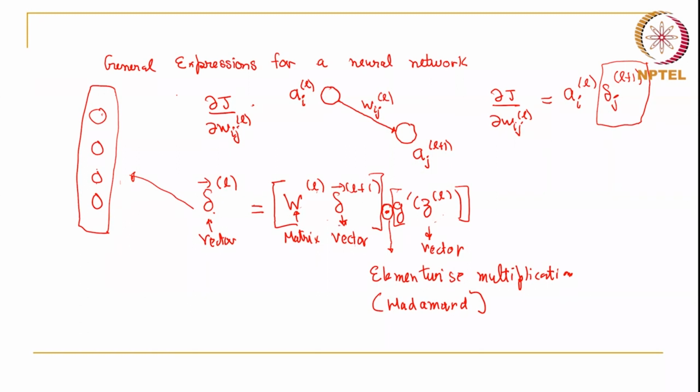The only way you can multiply two vectors and get another vector is if I multiply element by element. For example, C1, C2, C3 where C1 is A1 times B1, C2 is A2 times B2, C3 is A3 times B3. This is element-wise multiplication. So in that case, I will say C is equal to A times B elementwise. That's what this multiplication is.